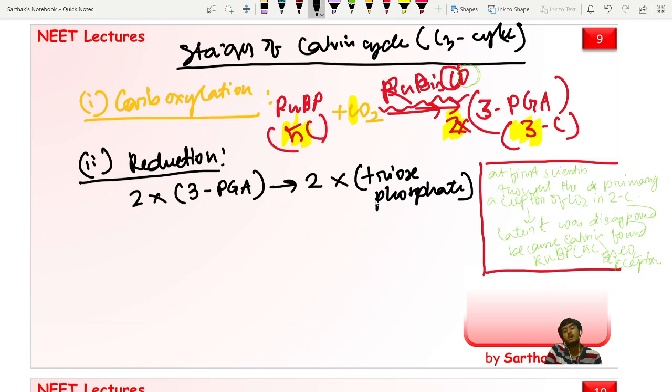If you have read glycolysis very carefully, you will understand this. In glycolysis, triose phosphate converts into 3 phosphoglyceric acid, but in photosynthesis, phosphoglyceric acid converts into triose phosphate. So this reduction is sometimes called the reverse of glycolysis also.